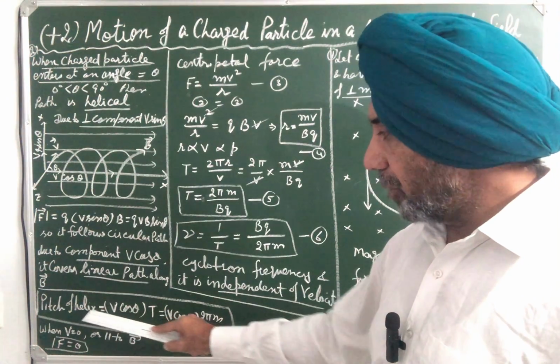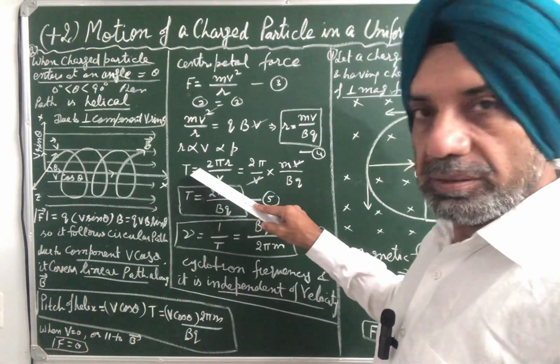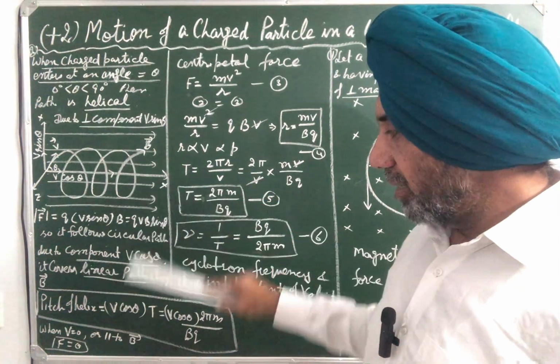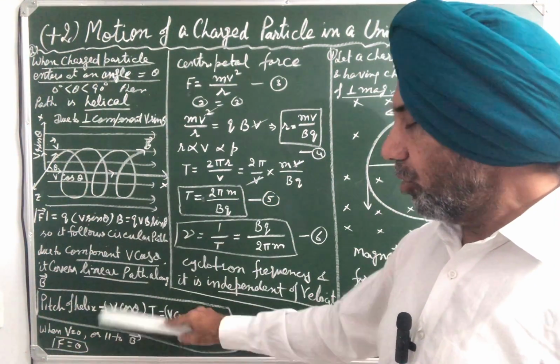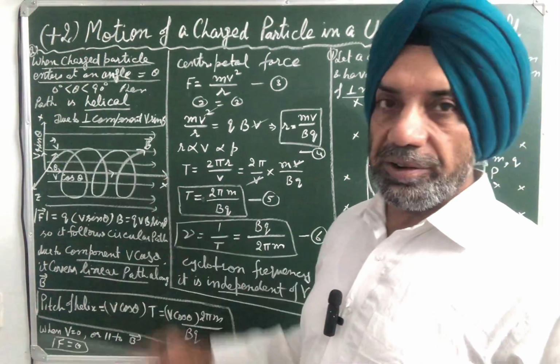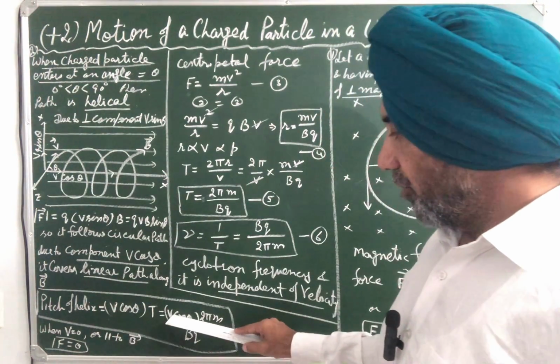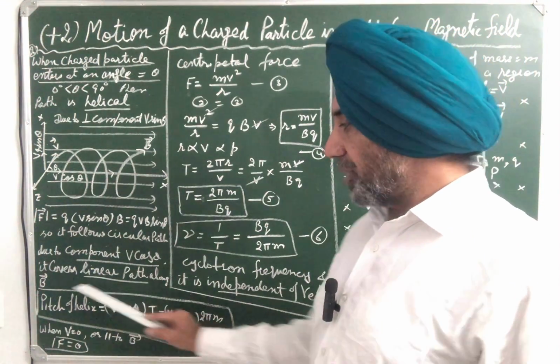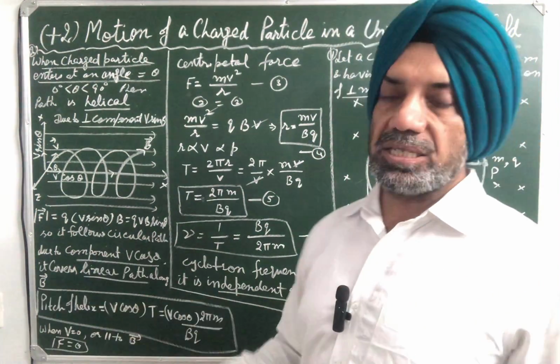So pitch of helix is given by velocity along the x-axis, or along the magnetic field direction, v cos theta, into time period, the time taken to complete one rotation. So it will be v cos theta into 2 pi m by B q. So this gives the expression for the pitch of the helix.